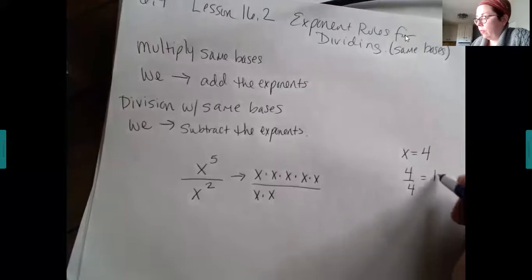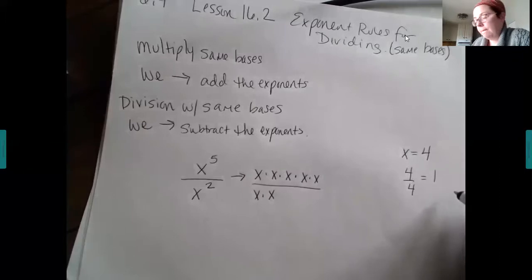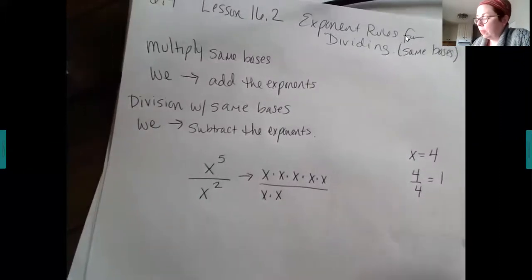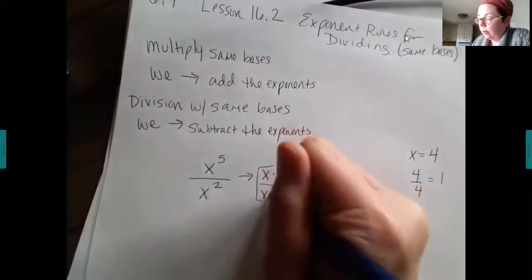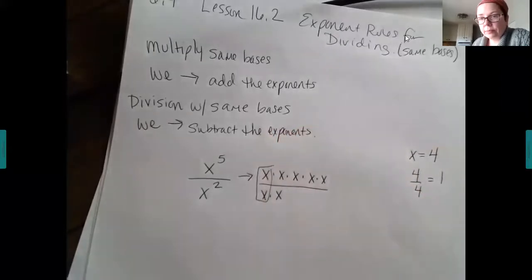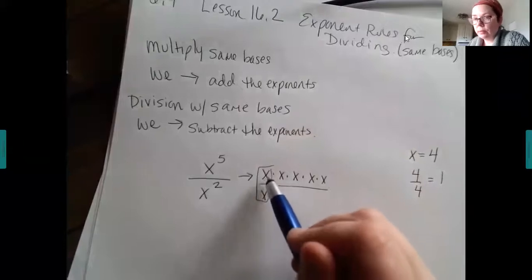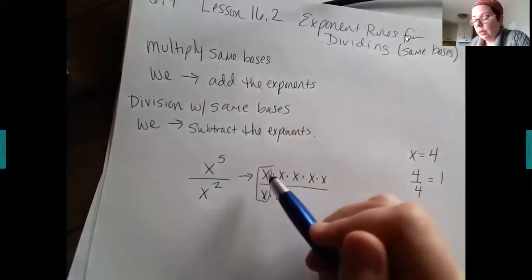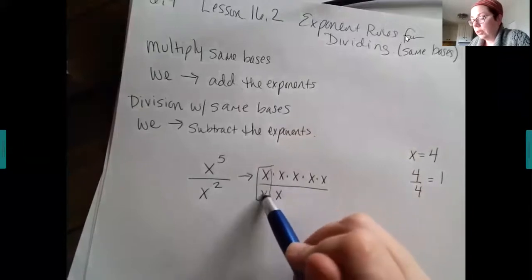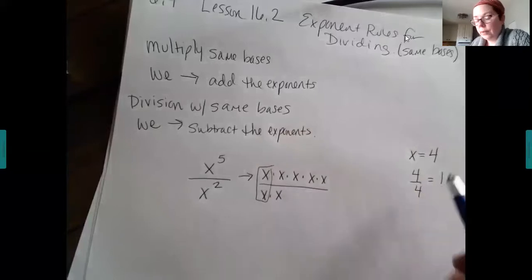And if I have 1 times anything, does it change it? No. So here I have x over x. If this were a number, it'd be the same number, both top and bottom, because it's the same letter. So x over x is the same thing as 1.